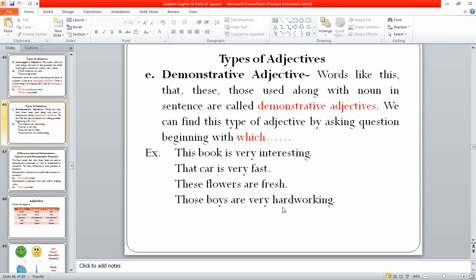That is why this, that, these, those are called demonstrative adjectives, and in the sentence they come before the noun. When they are coming before the noun, then only they are called demonstrative adjectives. So this is the fifth and last type of adjective.